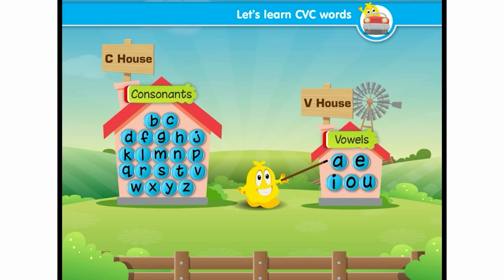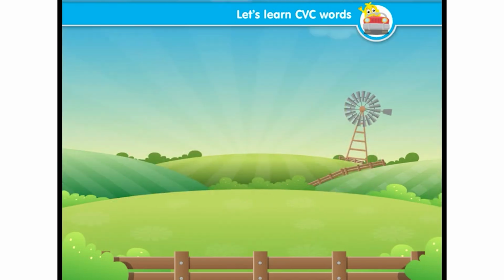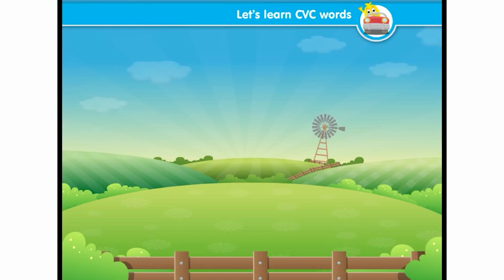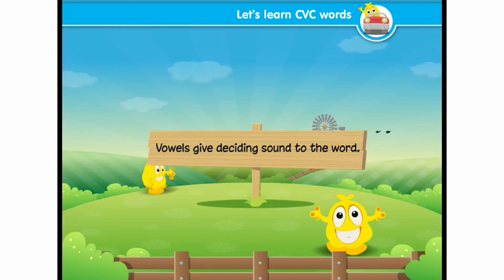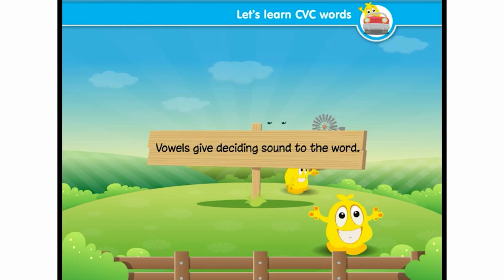So now you know, in alphabets, there are 5 vowels: A, E, I, O, U, and the rest are consonants. Let's recall vowels. It's A, E, I, O, U. Vowels give deciding sound to the word.